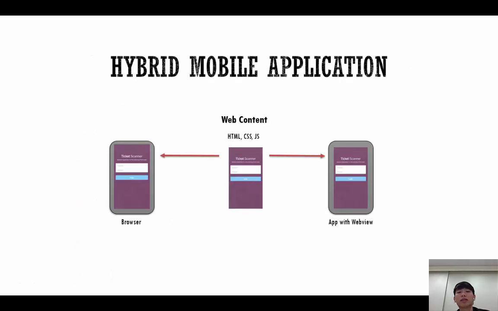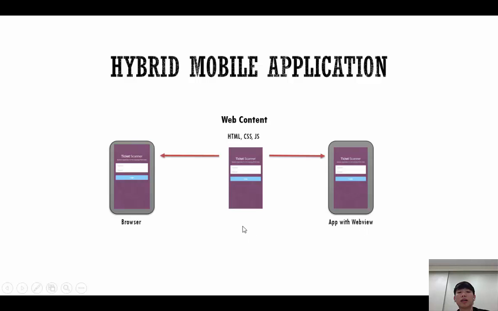So this is an example of a hybrid mobile application, which essentially is the same as what you see on your browser. You will also see it on your hybrid mobile application using WebView.